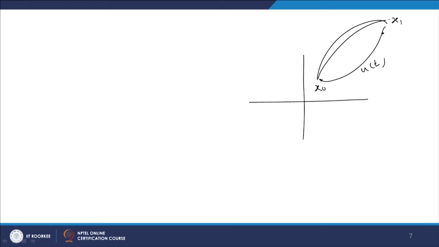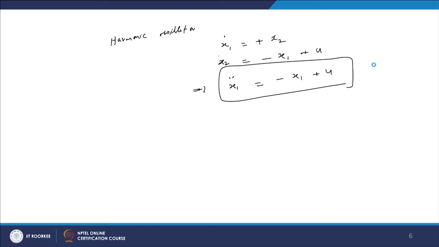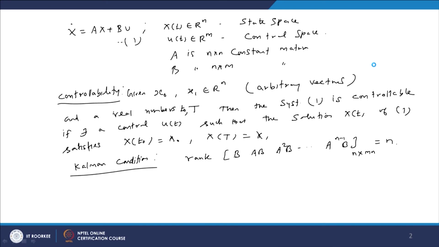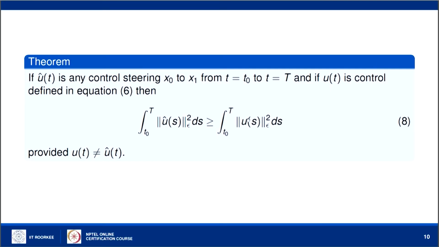So, out of all these controls, let us say u of t is the control which we have obtained through equation 6, and u bar of t is another control which does the same thing, that is, starting from x0 to x1, the solution of the system x of t. Then we can show that this u of t given by equation 6 is the best control and it satisfies this condition.